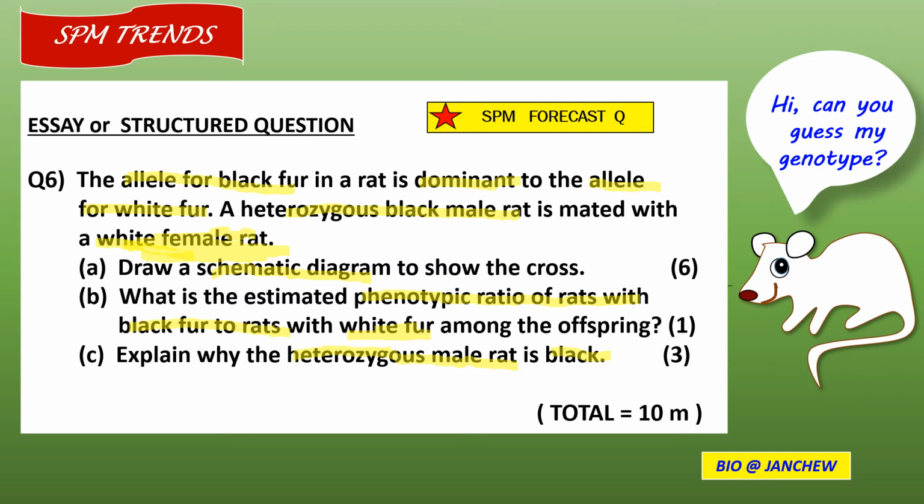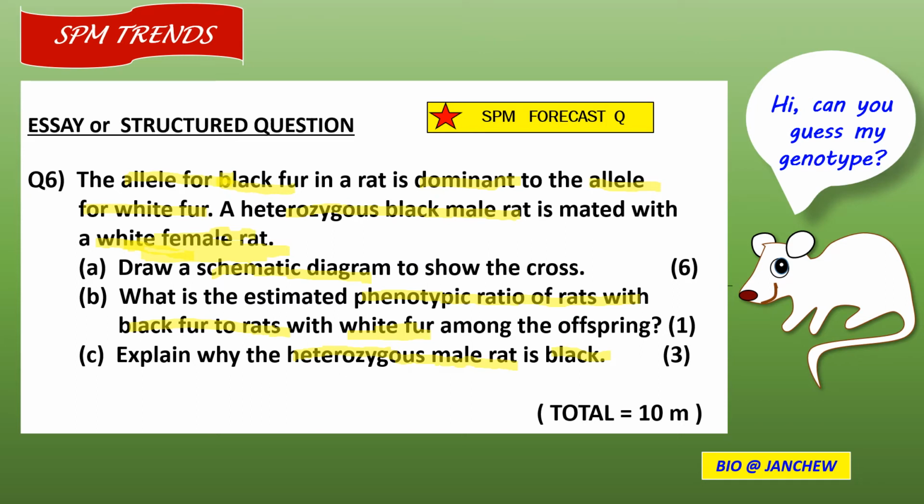As usual, try to get the same letter as the name of the trait that is dominant. Can we use B? Try to follow the name for the trait that is dominant, not the recessive trait. So black fur, use capital B to represent the allele for black fur.